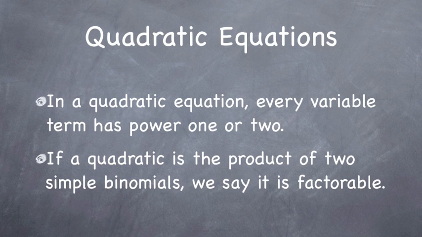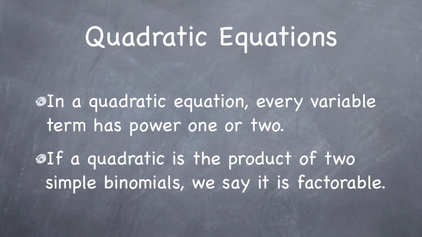But similar to our linear equations, we're still not going to see any square roots or variables in the denominator, nothing like that. In this section, we're talking about, in particular, factorable quadratic equations. What we mean by that is that we can write these quadratic equations as the product of two simple binomials.